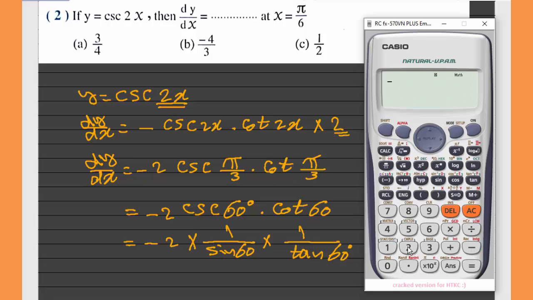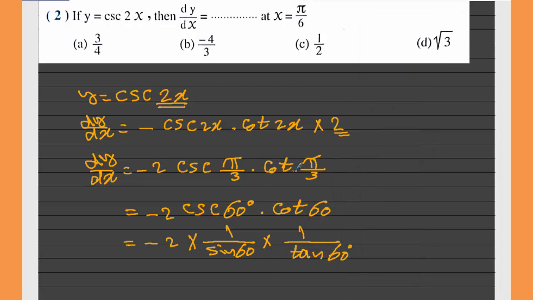So we have negative 2 multiply 1 over sine 60 multiply 1 over tan 60. The result equals negative 4 over 3, and we choose letter B.